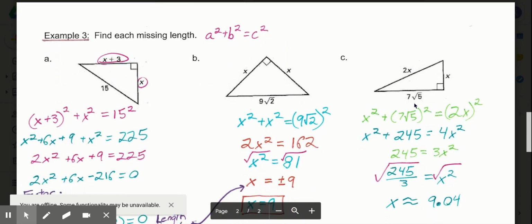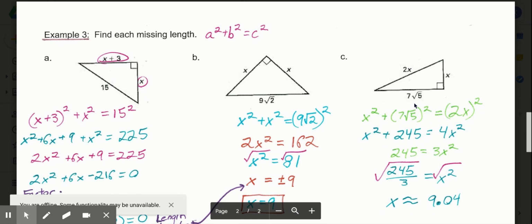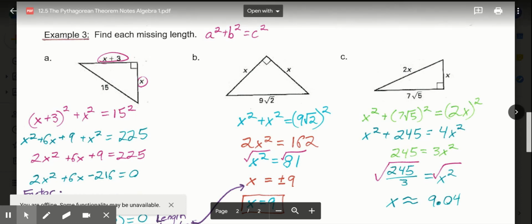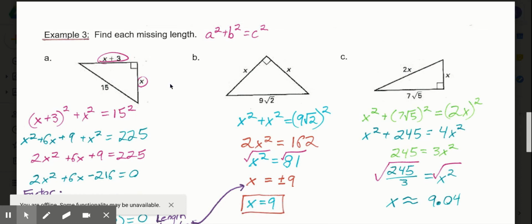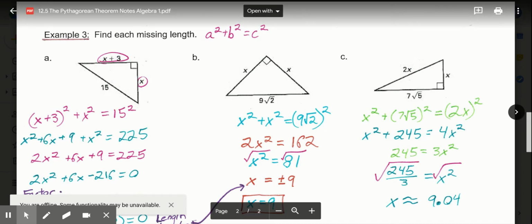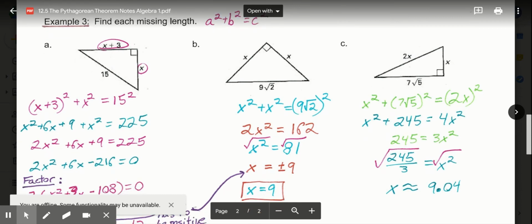Then example 3, find the missing length, and this involves some variables. So we still set it up as a squared plus b squared equals c squared. So our two legs squared will equal our hypotenuse squared, meaning x plus 3 squared plus x squared equals 15 squared.